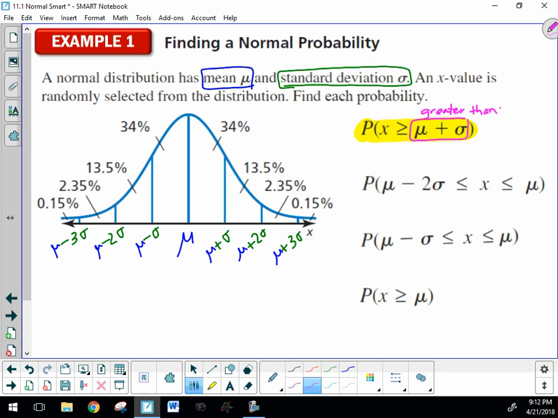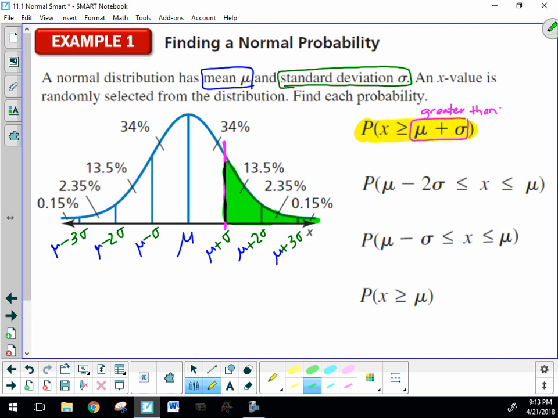So on our distribution here, that value, the mean plus 1 standard deviation, is right here. And we are wondering about what percent of the data is greater than that. And this portion of the normal distribution is the portion where the values are greater than that value.